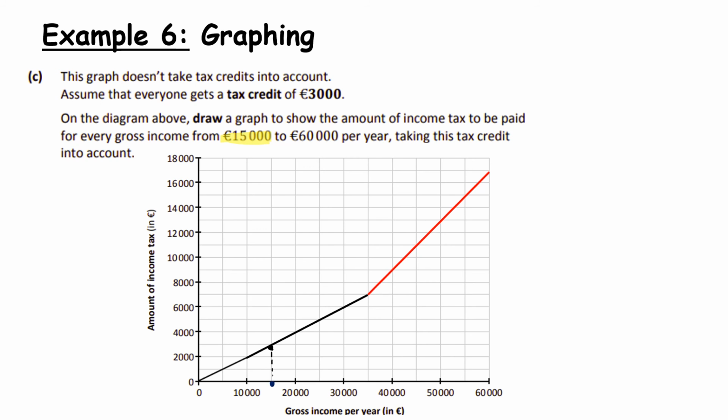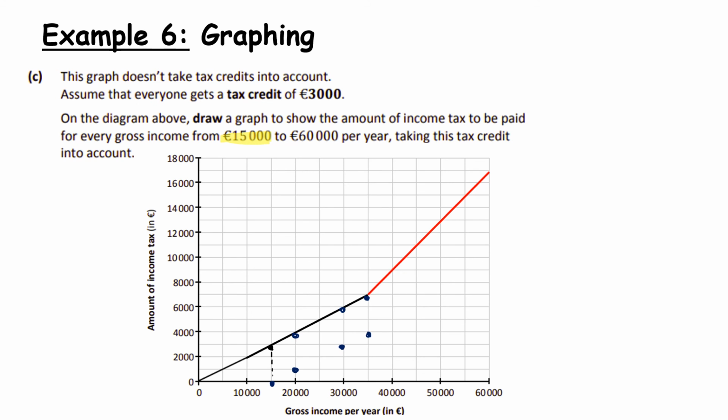So at all of our points, we can reduce the income tax by 3,000. So let's take our main points and come down 3,000 euros. You can see what's happening here is I'm creating another set of points.